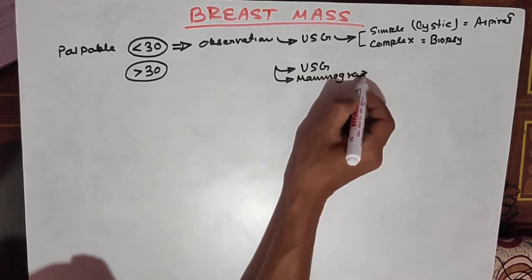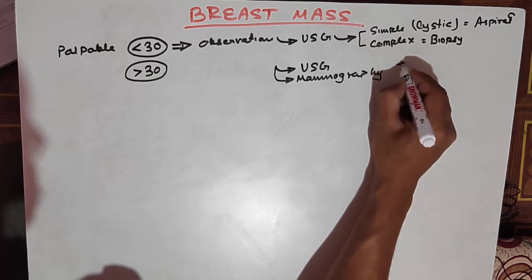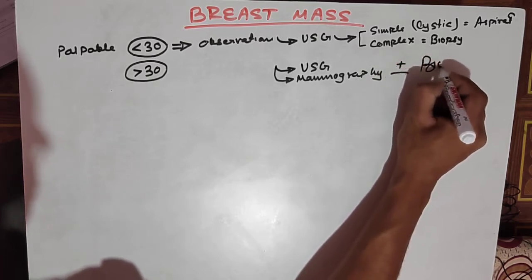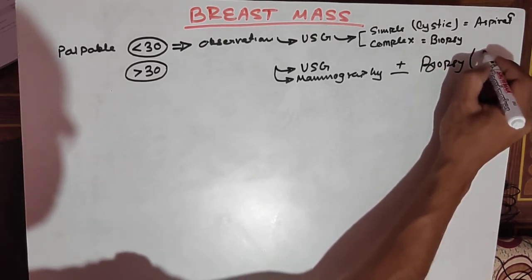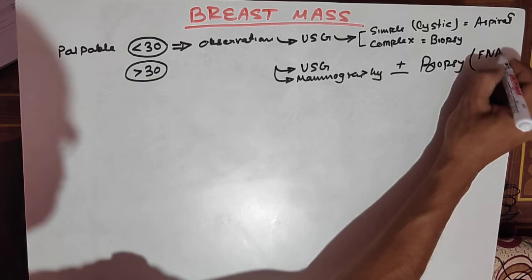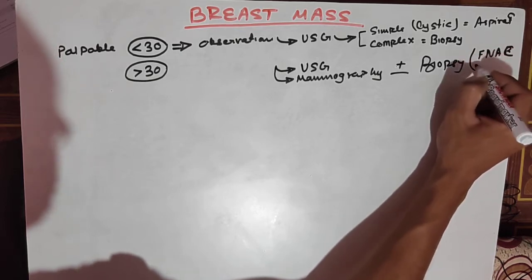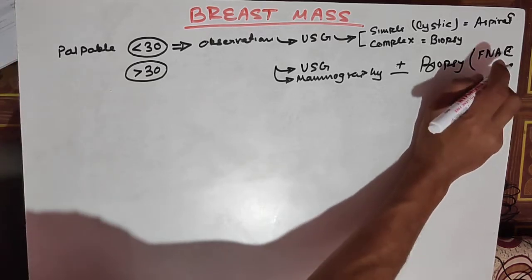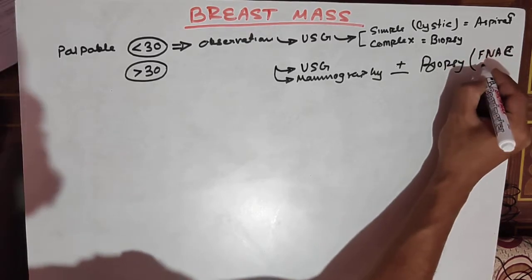Mammography can be done. Along with this, we should always go for biopsy. It can be either fine needle aspiration, FNAC, or it can be Tru-Cut biopsy, or core needle biopsy.